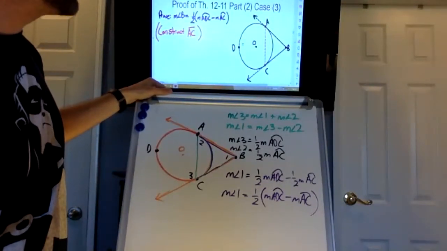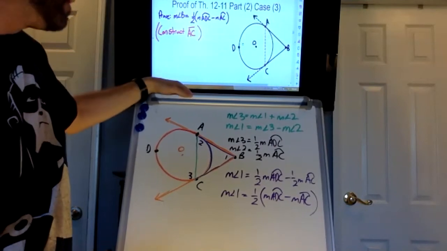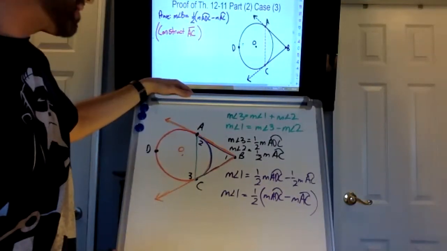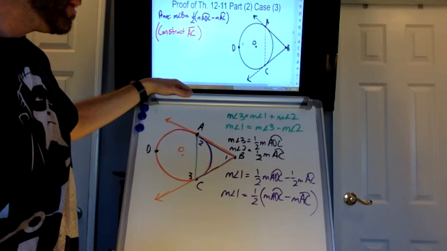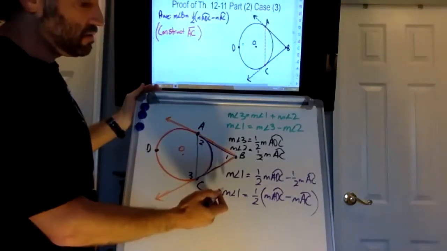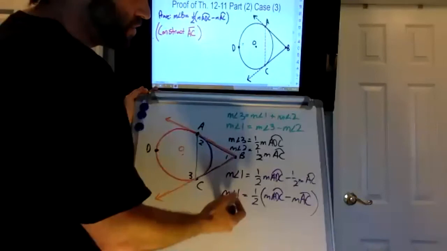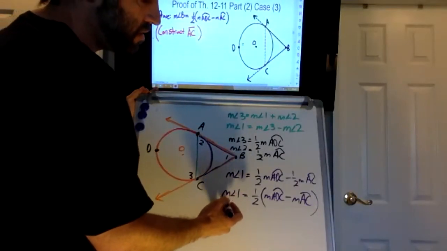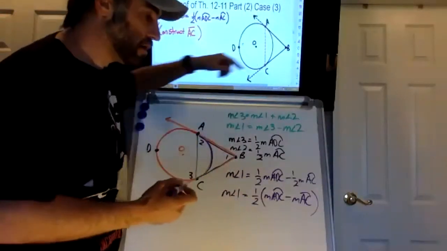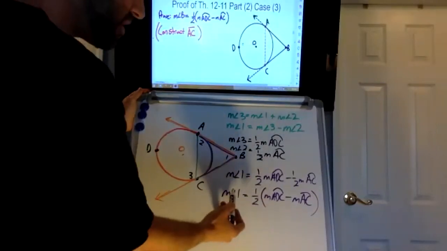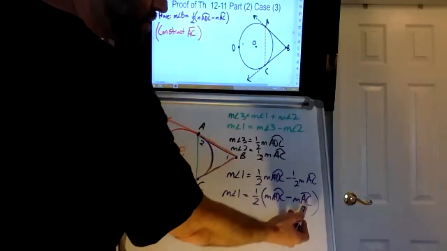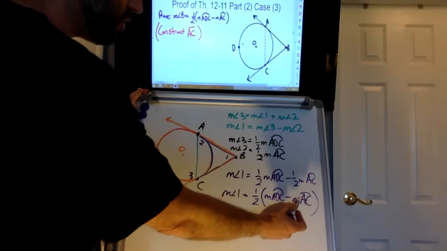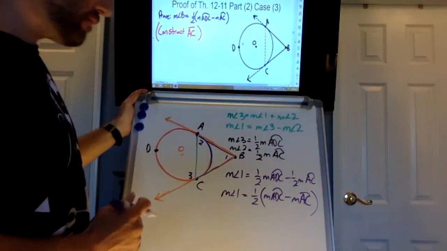I want to show that the measure of angle 1 is supplementary to minor arc AC. I want to show that the measure of angle 1 plus the measure of arc AC is equal to 180. How might I do that?